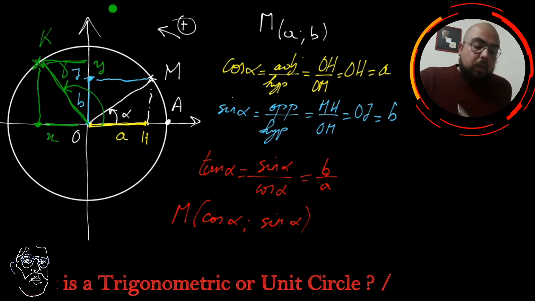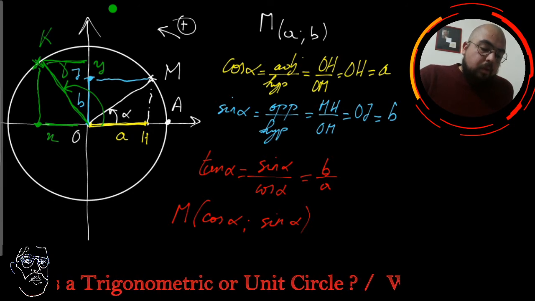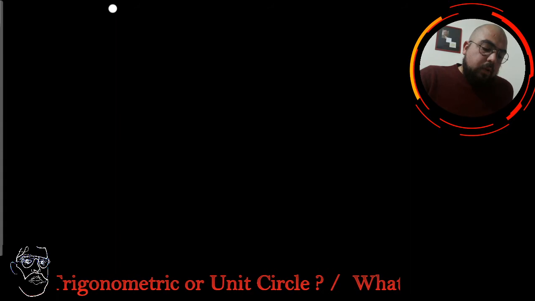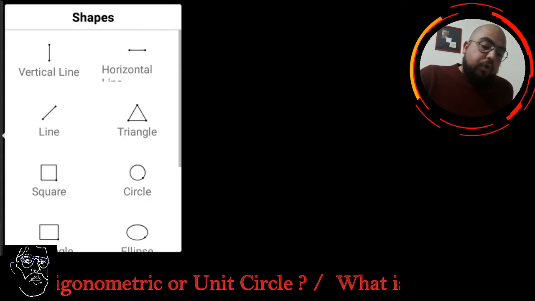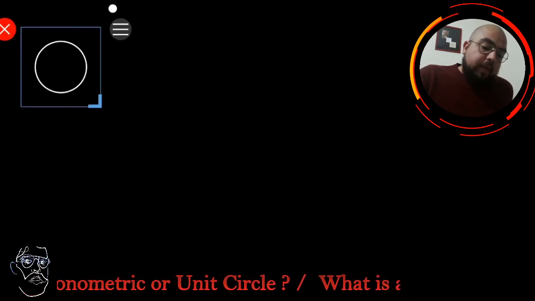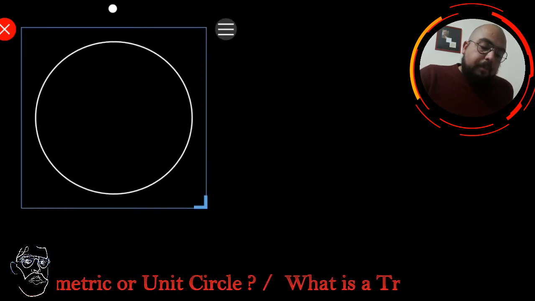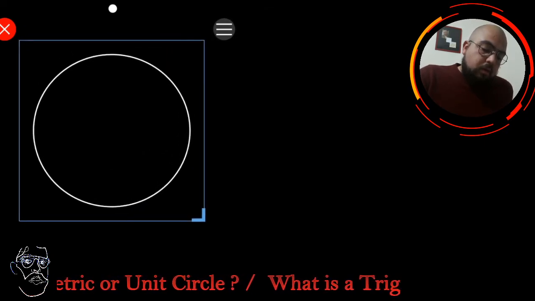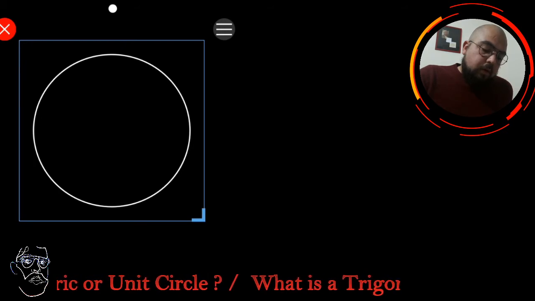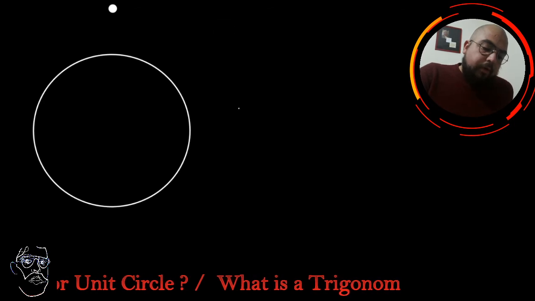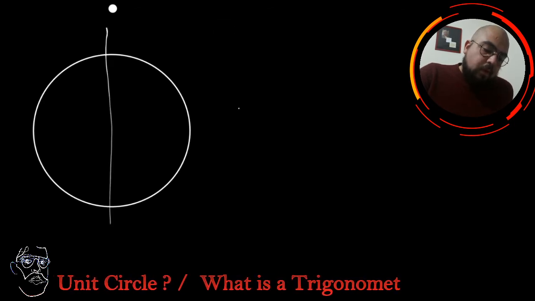So I'm going to take again the unit circle, and we're going to talk about the trigonometric functions related to its position regarding the quadrants.